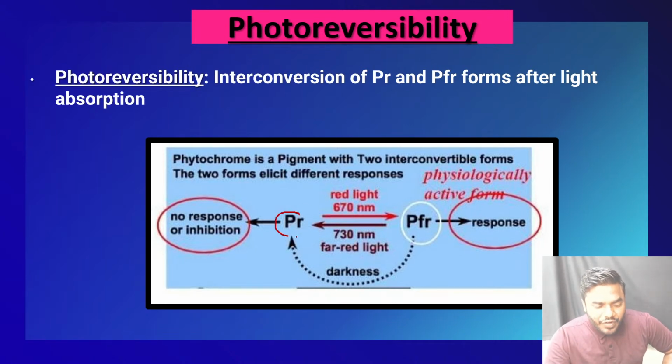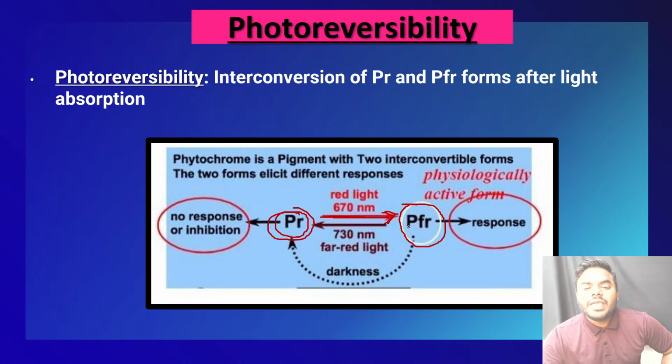This is the phytochrome which is in the PR form. This PR form of the phytochrome, upon absorbing the red light at 670 nanometer, is converting into what form, friends? It is converting into the PFR form. Very simple point it is. Now in the same way, all the students look into this. This PFR form, upon absorbing which light?